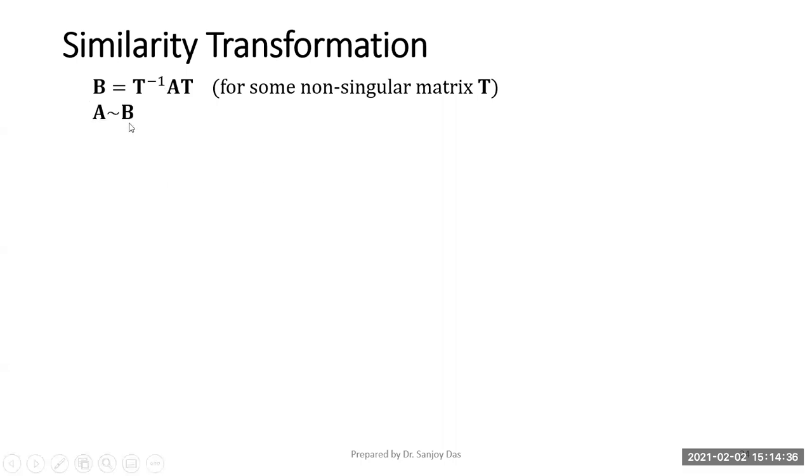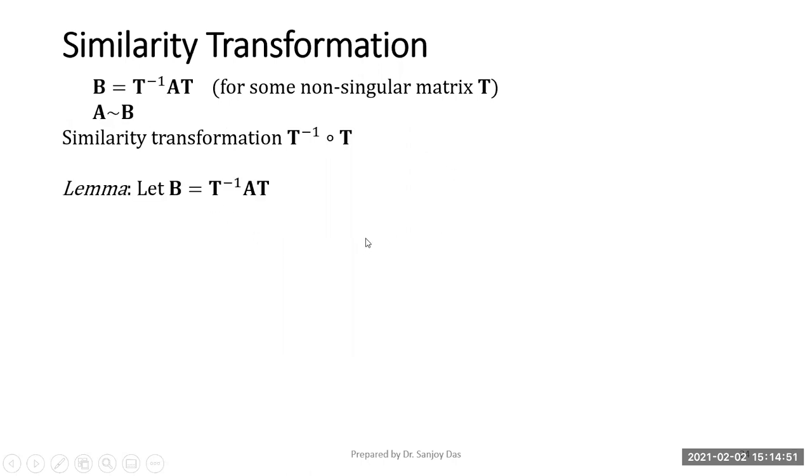A is similar to B. And this is the similarity transformation from A to B. This is the operation that we do to transform A to B under this similarity transformation.